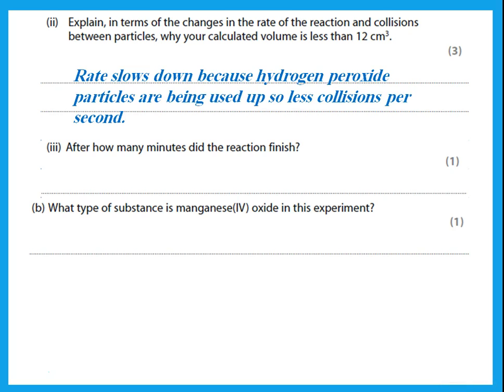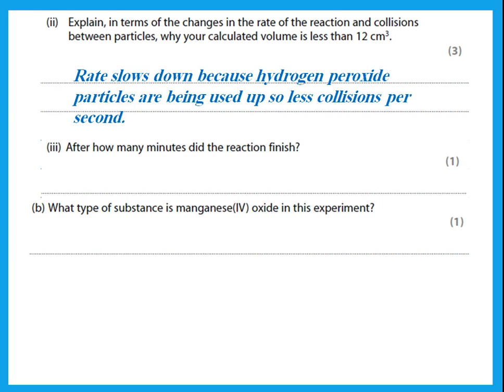Of course, this is because as time goes by in the reaction, the rate slows down since the hydrogen peroxide particles are being used up, so there are fewer collisions. Remember that he says explain in terms of rate and collisions. So the rate slows down. This is because the hydrogen peroxide particles are being used up, so there are fewer collisions per second.